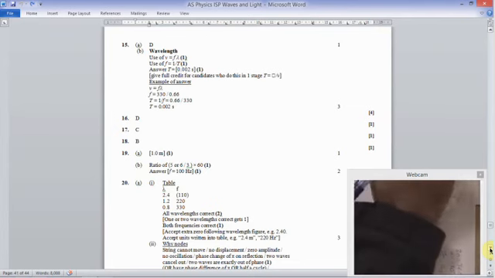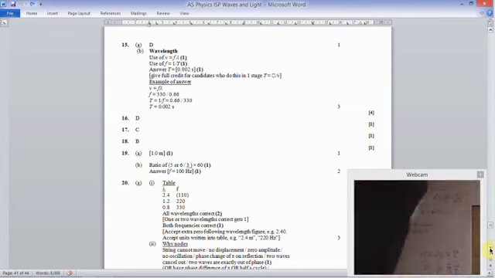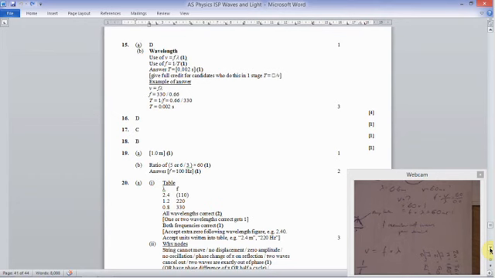Let's just see where I went wrong with that. So 1.5 divided by 2.5 is equal to, no, it's 0.6 times by 60 equals, no, that's not right.